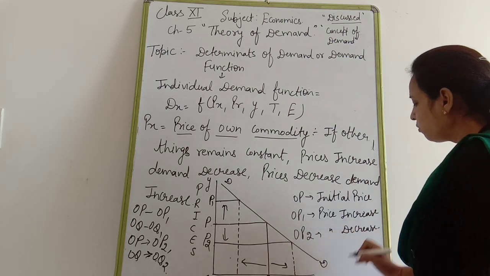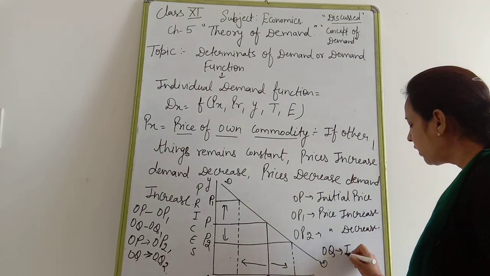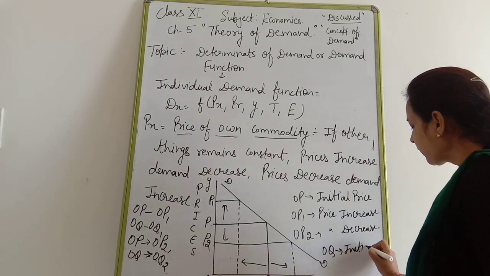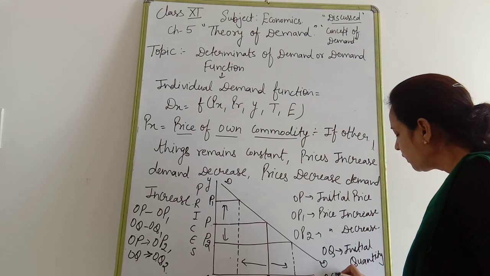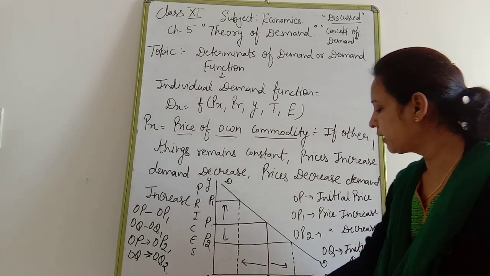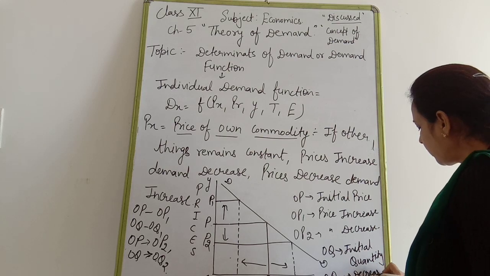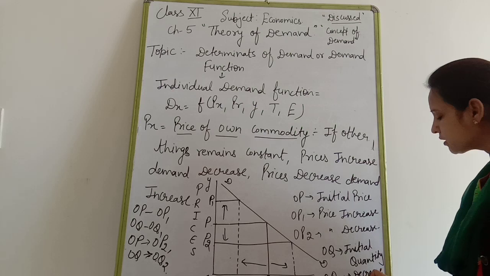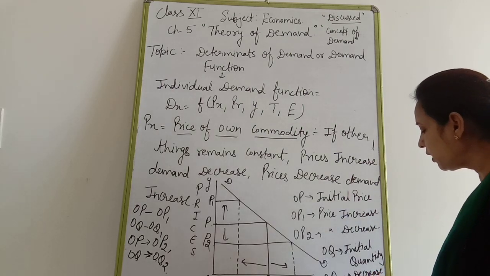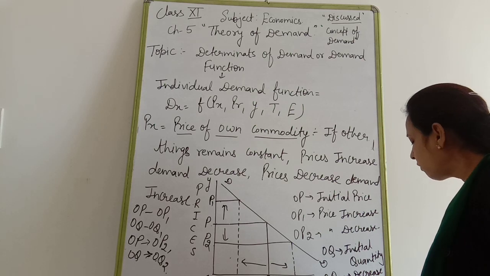Similarly, OQ is the initial quantity, OQ1 is the decrease in quantity. You can see OP1, price increases, OQ1, quantity decreases. I am denoting it with Q. OQ2 is the increase in quantity.